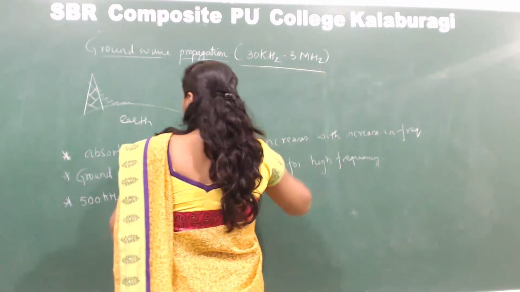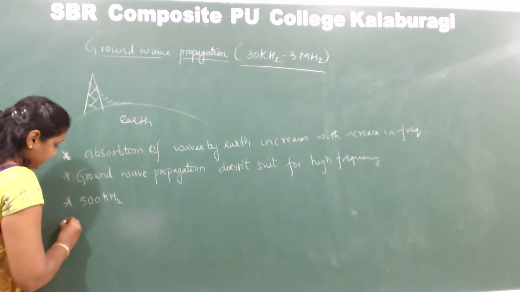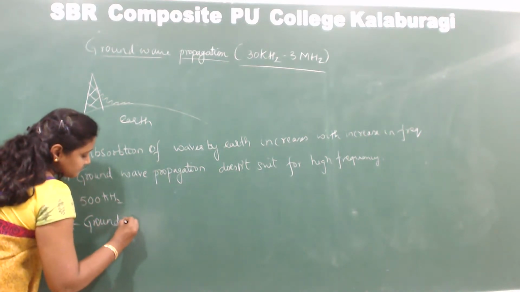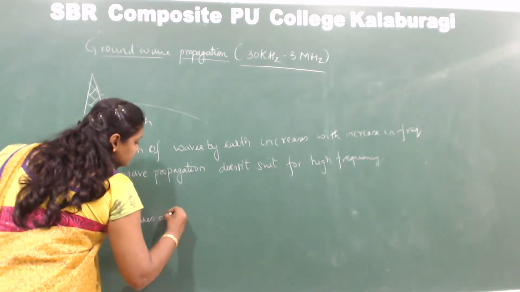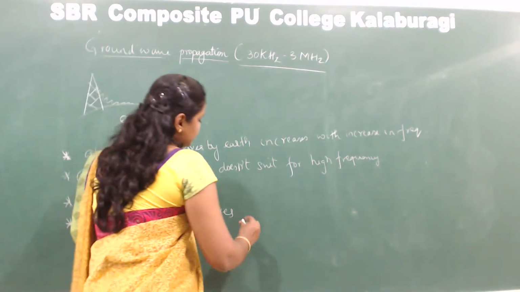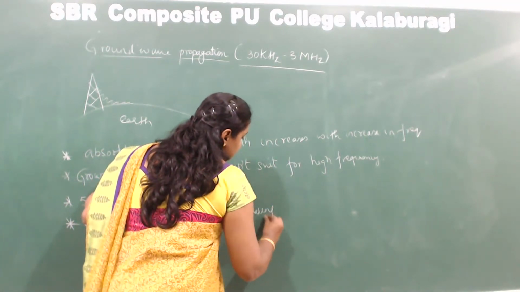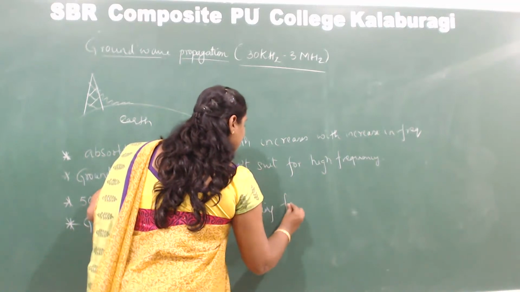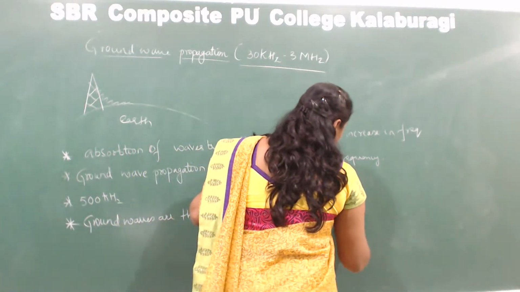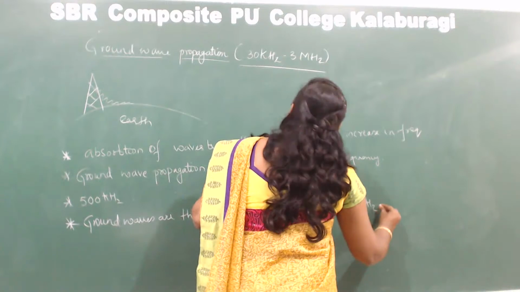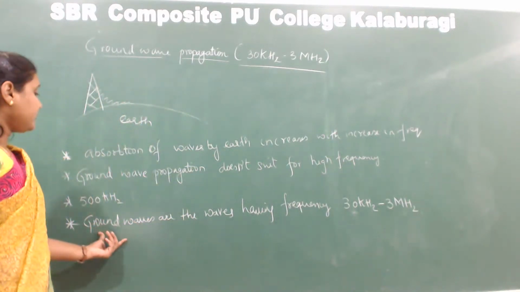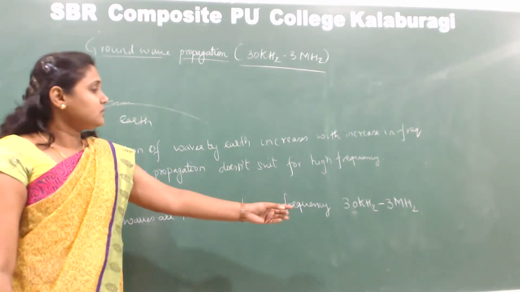As for the operating frequency range, ground waves are the waves having frequency between 30 kilohertz and 3 megahertz.